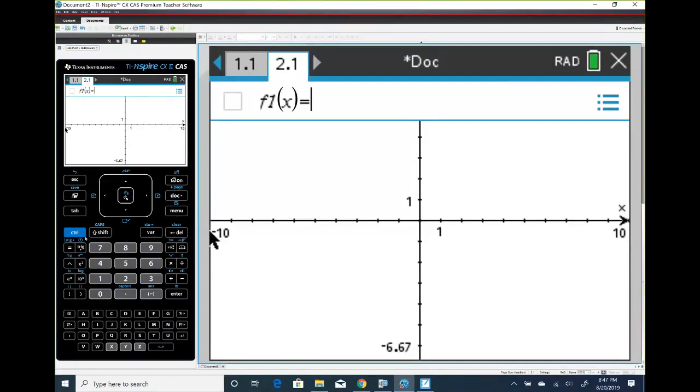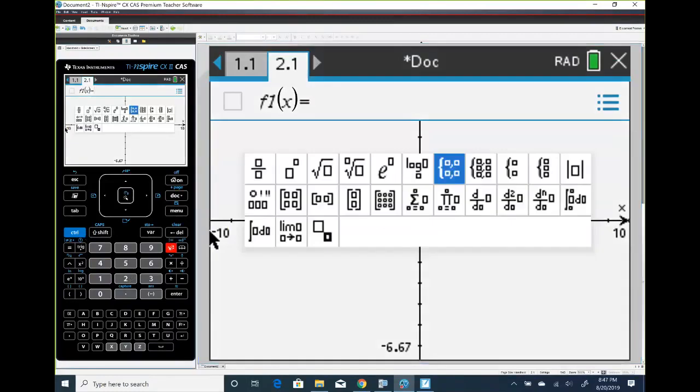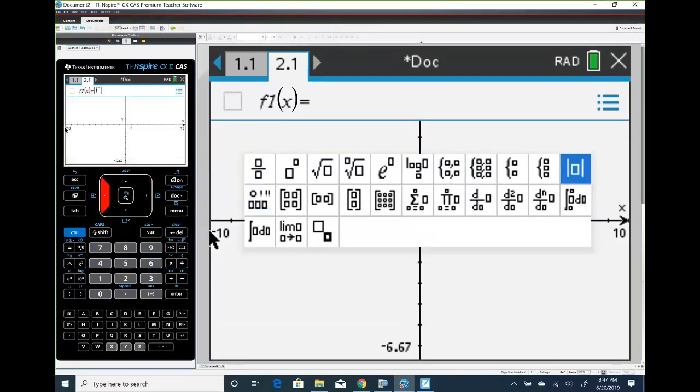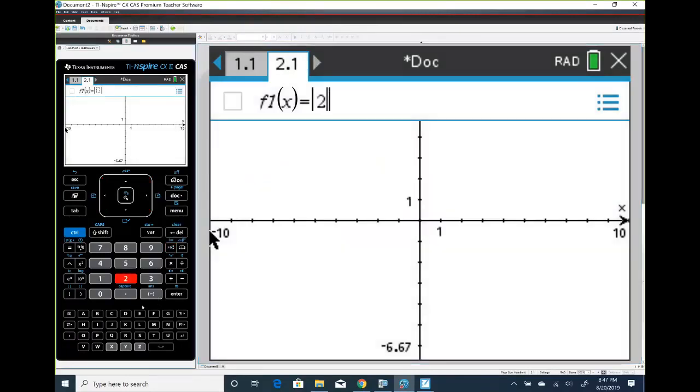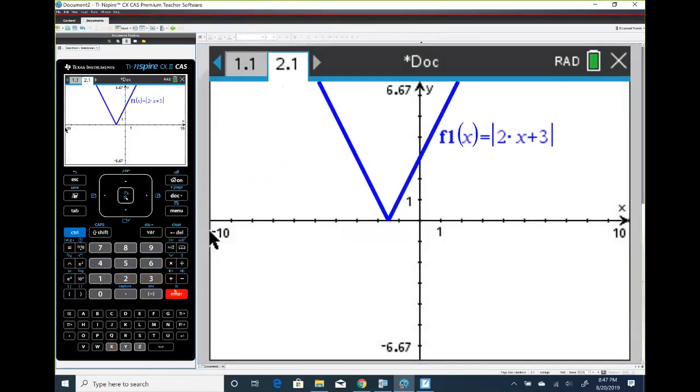We're just going to find the absolute value. Making you aware of this on the Nspire, we hit our template key over here by the number 9, arrow to the right. Oops, went too far. There's my absolute value. And I hit my 2x plus 3. And I can graph that, all right?